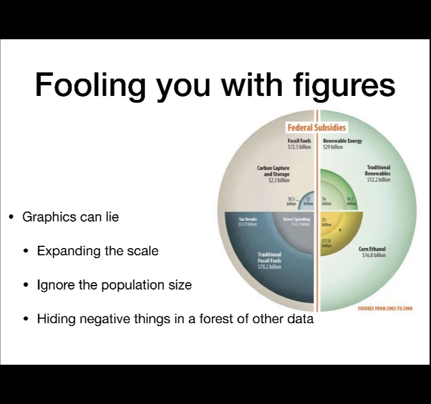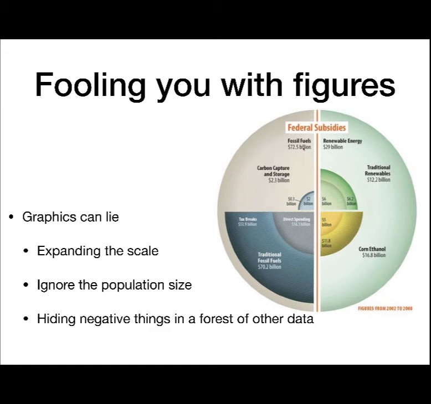But the graphics that are here have no relation to the numbers. If you look, carbon capture and storage and fossil fuels gets 72.5 billion. That's way more than all the others. So it just doesn't seem to make any sense. Terrible graph.